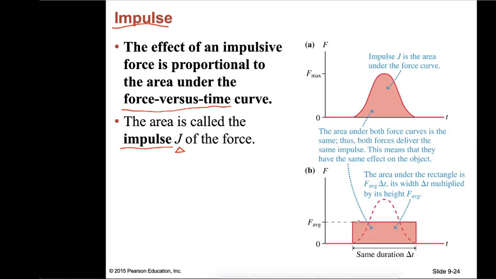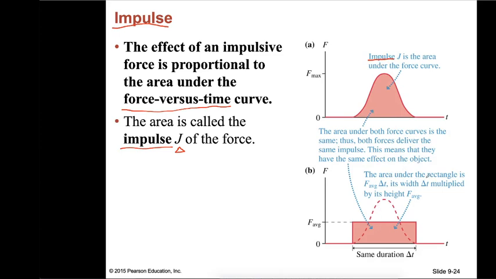However, you can notice that in the picture above, that's a curve. In the picture below, that's a straight line. That means they have the same effect on the object, or the same impulse on the object.